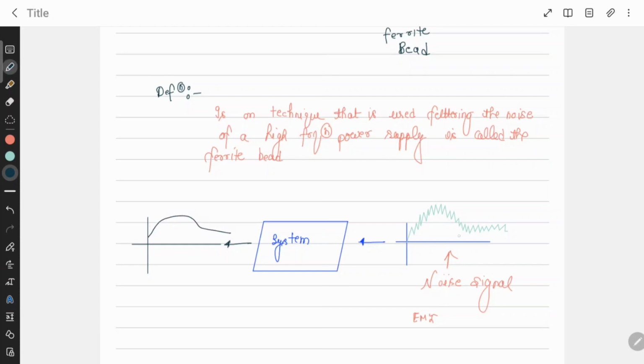So this system removes the noise in the signal.